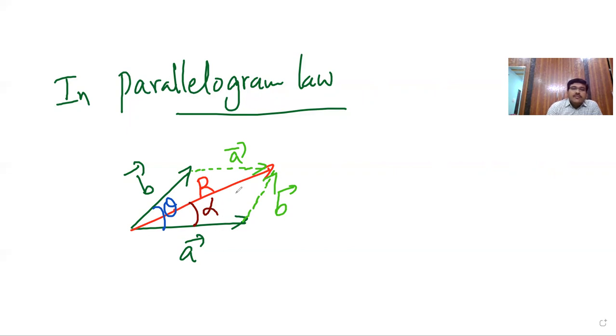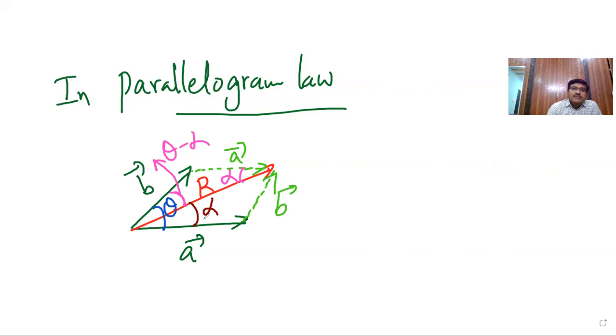Then from simple mathematics, if this is alpha, this also becomes alpha. Then this angle is theta minus alpha.